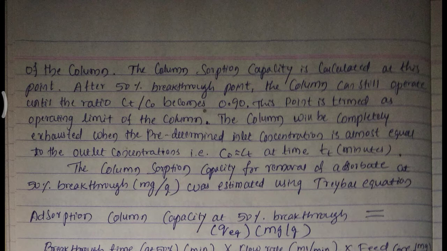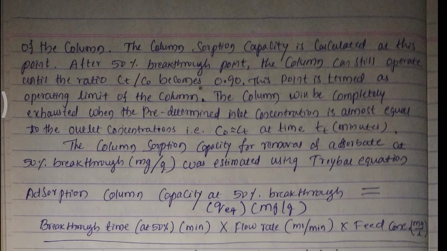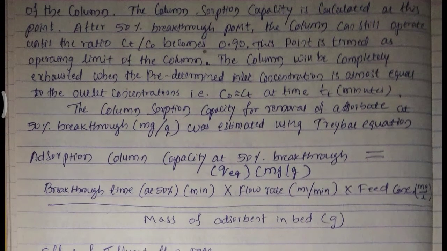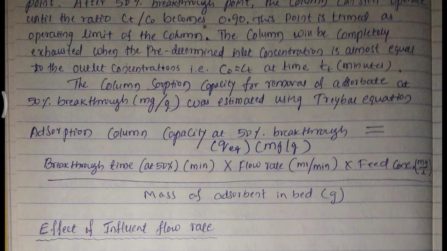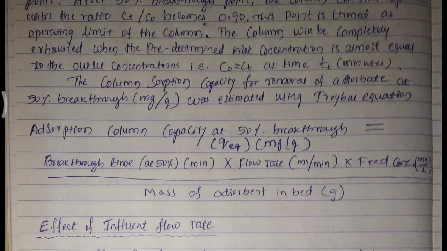The column sorption capacity for removal of adsorbate at 50% breakthrough, milligram per gram, was estimated using the Thomas equation. Adsorption column capacity at 50% breakthrough, the unit is milligram per gram, equals breakthrough time at 50% in minutes into flow rate in ml per minute into feed concentration in milligram per liter, divided by mass of adsorbent in bed, the unit is gram.